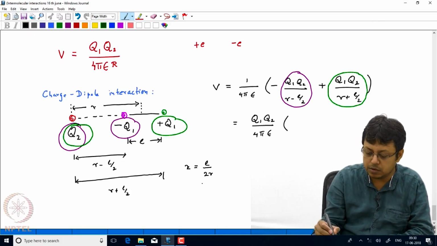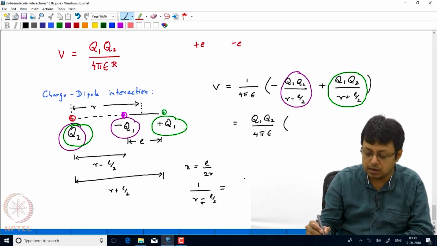So in the denominator we have 1 divided by r minus L by 2 or r plus L by 2, something like that, and that I am writing cleverly as 1 divided by r, and then we can actually write it as 1 minus L by 2r.